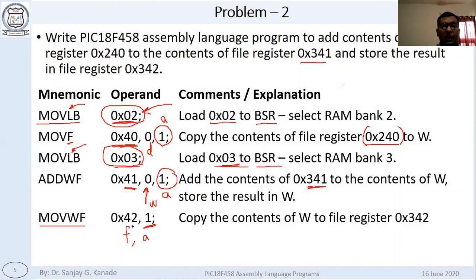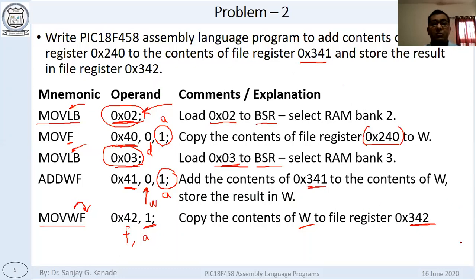So the contents of W are going to register 42 in bank number 3. That's why the result of the addition is now getting stored in the file register 0x342.